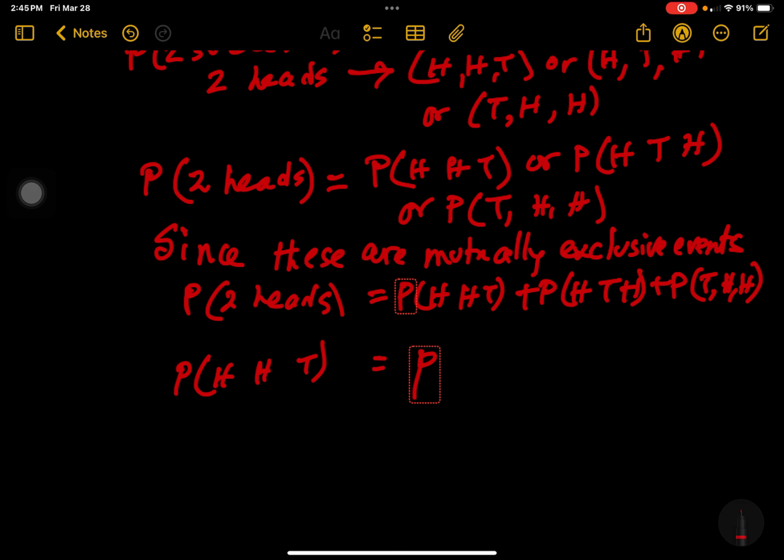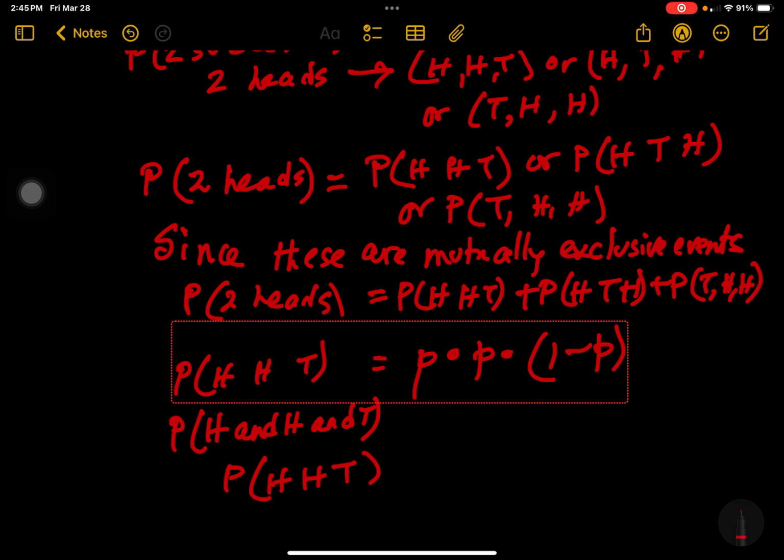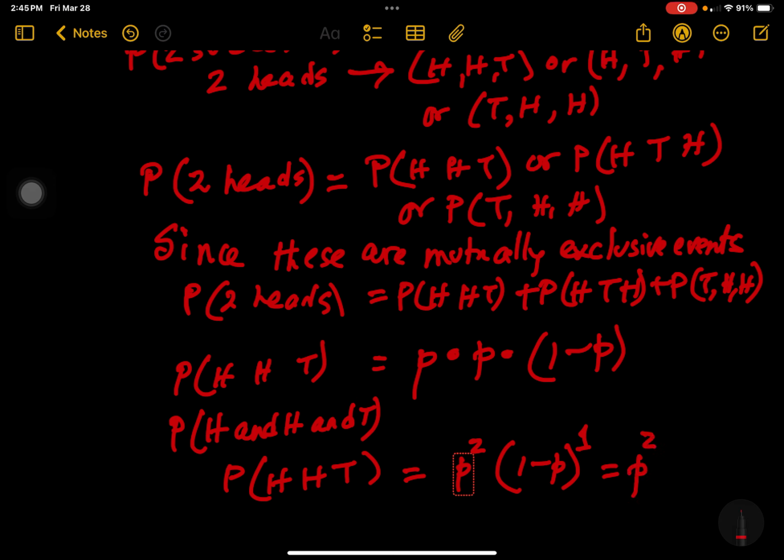Being independent, the probabilities will be multiplied. So the probability of success of a head is p times p multiplied by 1 minus p. So the probability of head head tail is equal to p times p, which is p squared, times 1 minus p to the exponent 1.